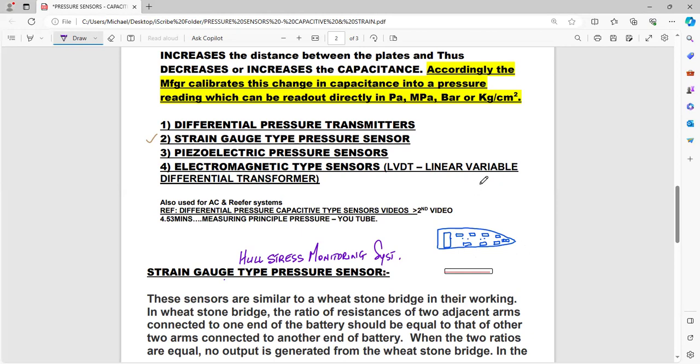Your vessel can hog, in which case your accommodation side and your bow side goes down, your midship comes up, isn't it? That is called hogging. And the reverse is going to happen when your accommodation and bow come up and the middle of the ship is going to sag, and that is what is called sagging.